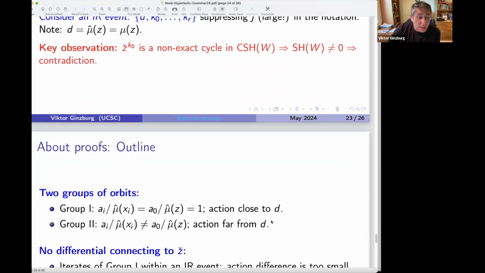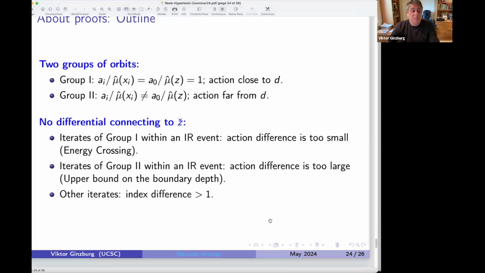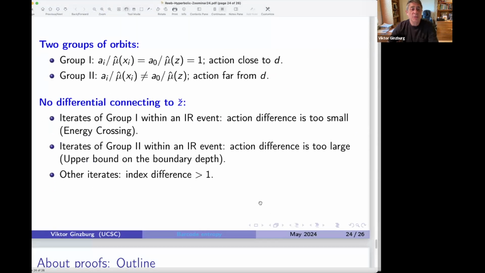To see this, I'm going to break down my finitely many orbits into two groups: those with the same ratio of the mean index and action as for the hyperbolic orbits, and those with different action.